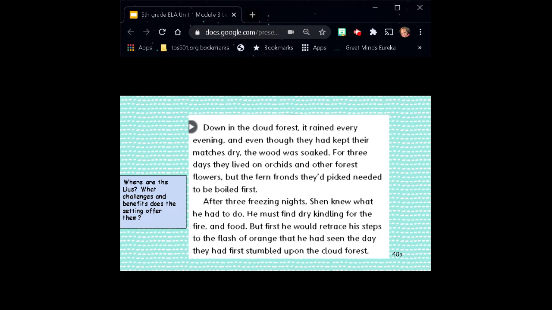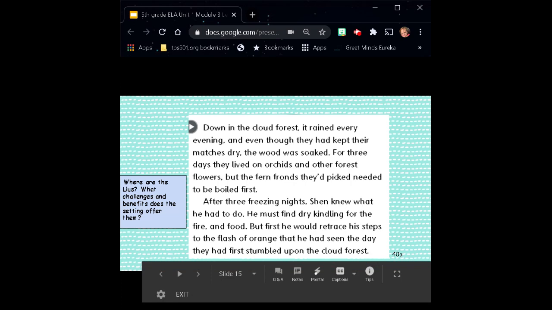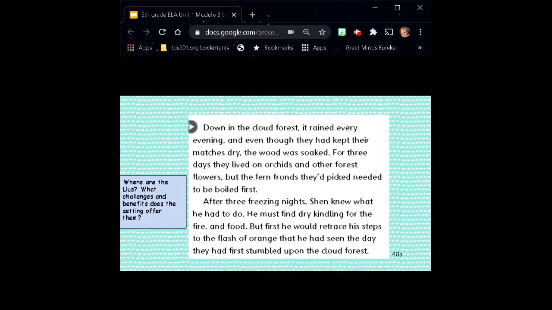And I also wanted to know as I was reading, because good readers ask questions, it said the fern fronds they picked needed to be boiled first. I wonder how they knew that those fronds had to be boiled before they could eat them. Sounds like somebody knew what they were doing. I wonder who that was.